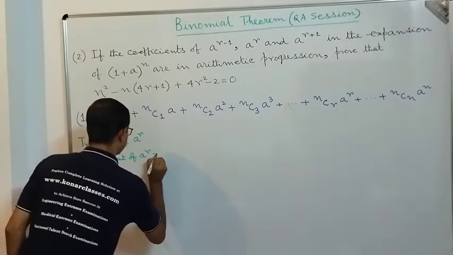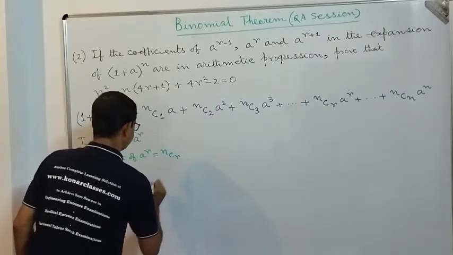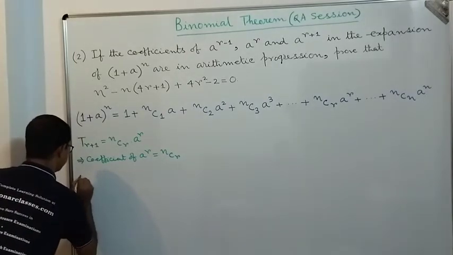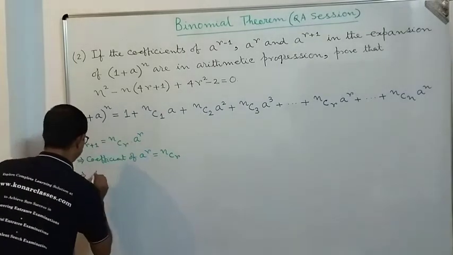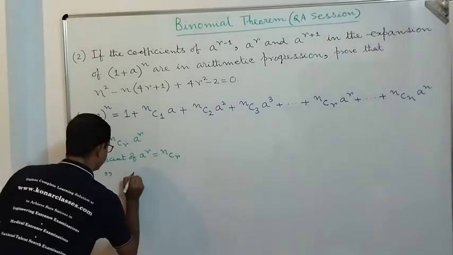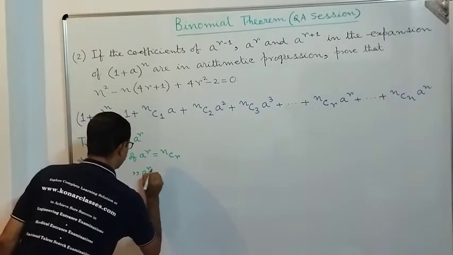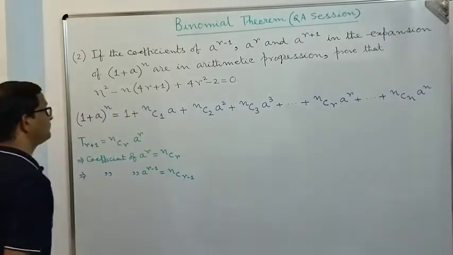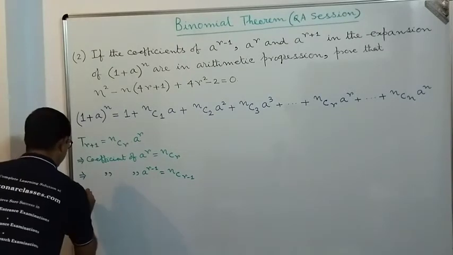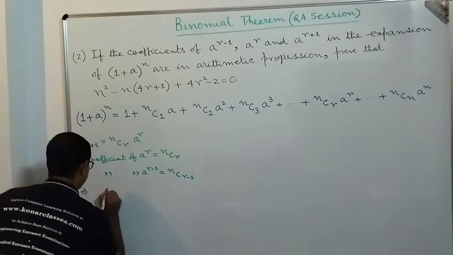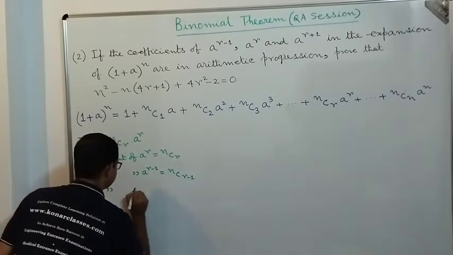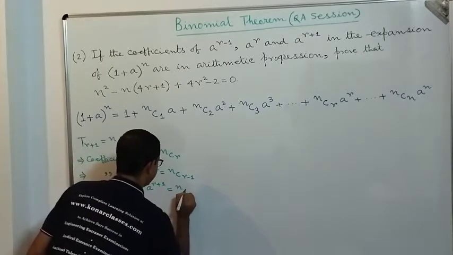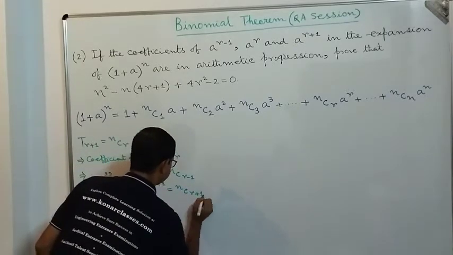So in the same logic, if you see this pattern, we can write the coefficient of a to the power r is equal to ncr, the coefficient of a to the power r minus 1 is equal to nc r minus 1, and the coefficient of a to the power r plus 1 is equal to nc r plus 1.